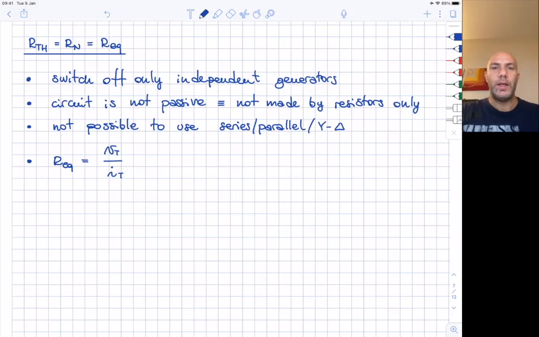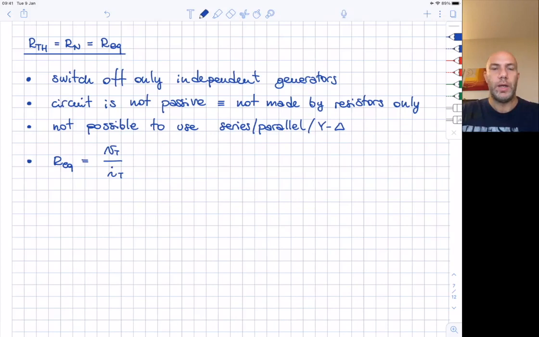In the sense that if we have a circuit that is characterized by two terminals, if we want to know the equivalent characteristic at its terminal, so its constitutive equation, we can always apply a voltage generator, calculate a current supplied by this generator, take the ratio between the two, and get the equivalent resistance of this network.